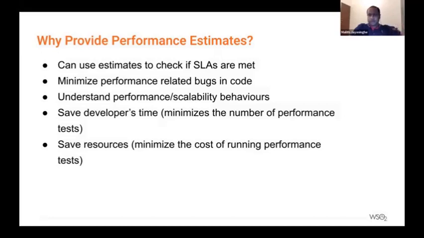Another important point is that if there is a performance-related bug in your code, you might have written a for loop, and in that loop you're accidentally calling an API multiple times, right? Then this would be immediately visible to you, because you will see a performance degradation, and then you can go and fix that bug.